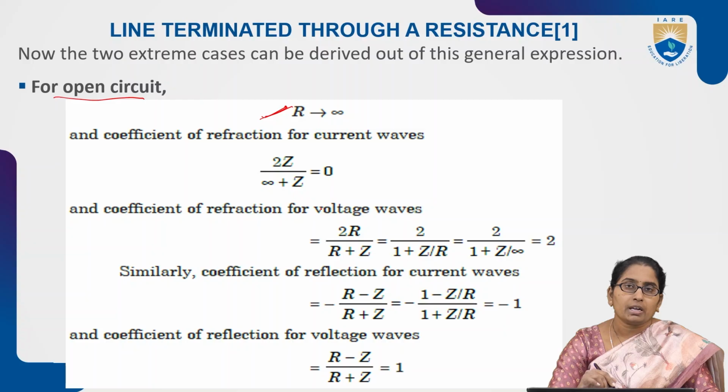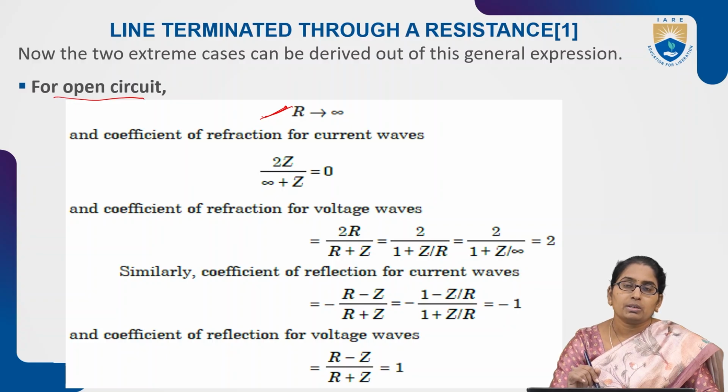So what is the total value of current? There 0. Now if we check for voltage, substitute in the equation 2R by R plus Z, R value infinity. Here R is there in numerator and denominator, so divide both numerator and denominator with the R.